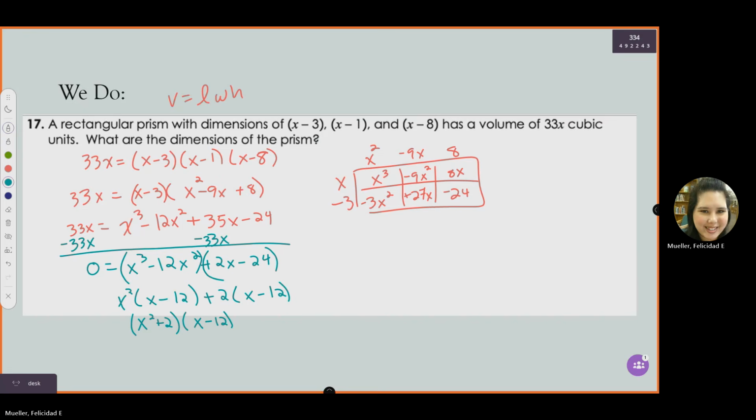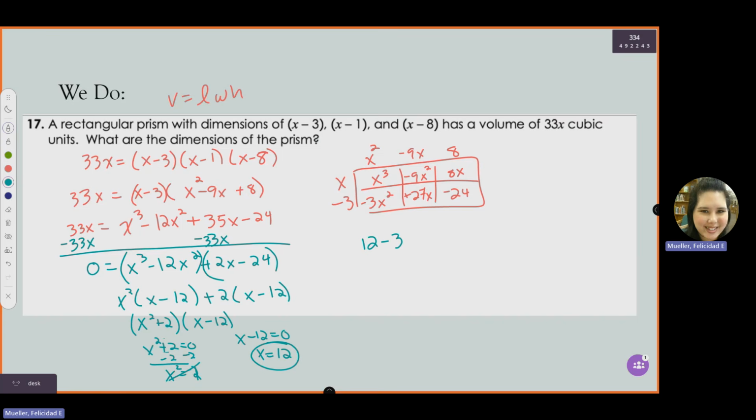So when we start solving, x squared plus 2 equals 0. If I could write at the bottom board here. Subtract 2. I get x squared equals a negative number. This isn't going to work for me, so I'm not even going to continue it. x minus 12 equals 0. x equals 12. That's a real number. I can use it. So we're just going to plug it in.